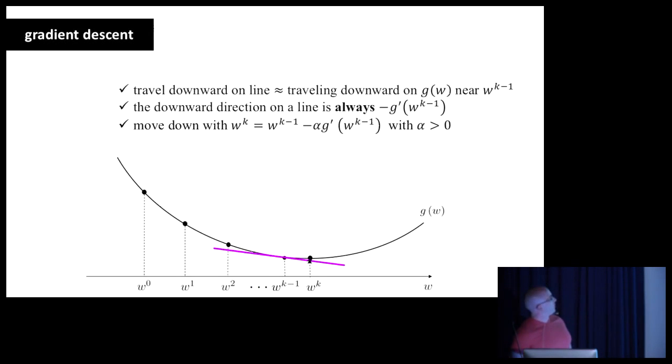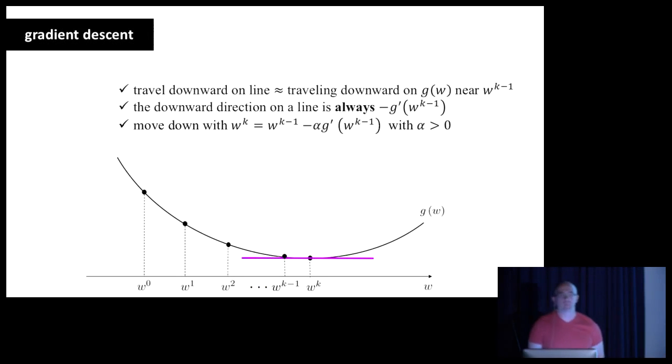What does downward mean? It means traveling in the negative derivative direction at that point. It's always that. Then the step looks exactly the same: Wk minus 1 minus alpha times the derivative at that point. And you finally end up at, say, the kth point at which you're approximately at the minimum of the cost function, where the slope of that line is essentially 0.